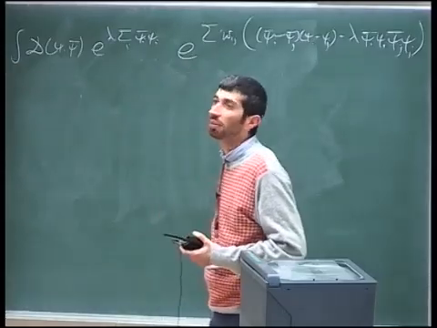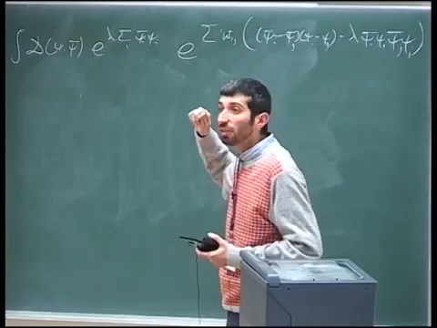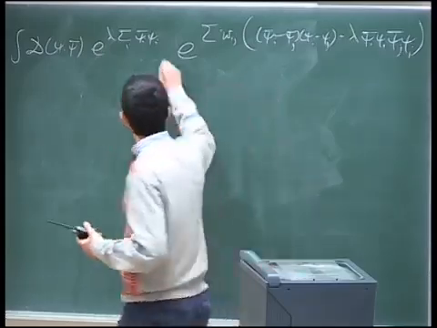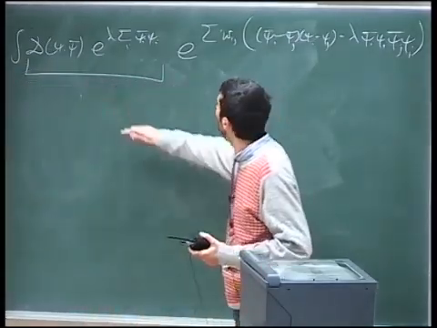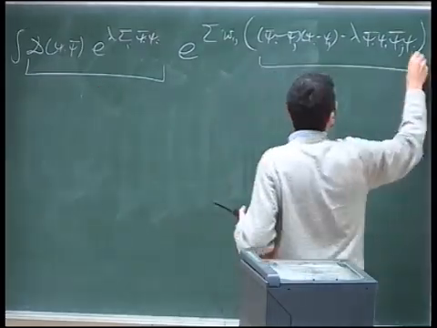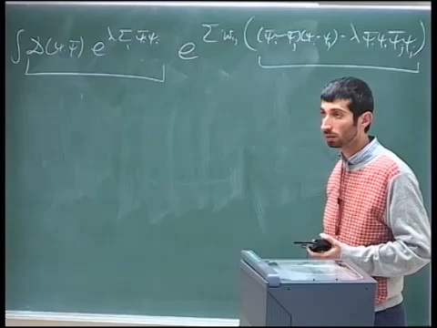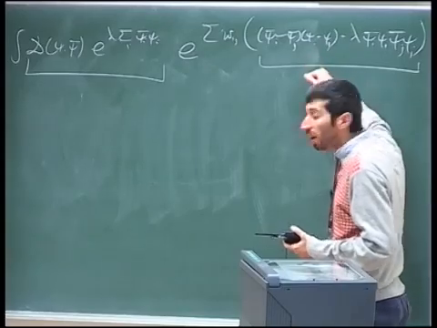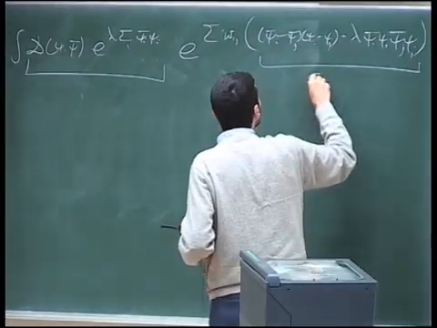I just changed the things and substituted the expression for L. The philosophy is that this piece goes together because it is OSP(1|2) invariant. It's the OSP(1|2) invariant measure. And these things go together because it's the scalar product, which is OSP(1|2) invariant. This goes together so much that I give it a special name, Fij.